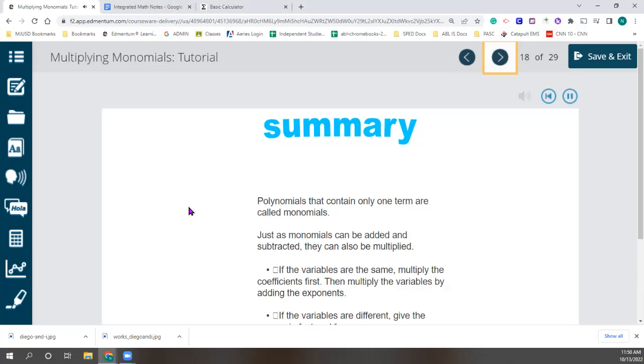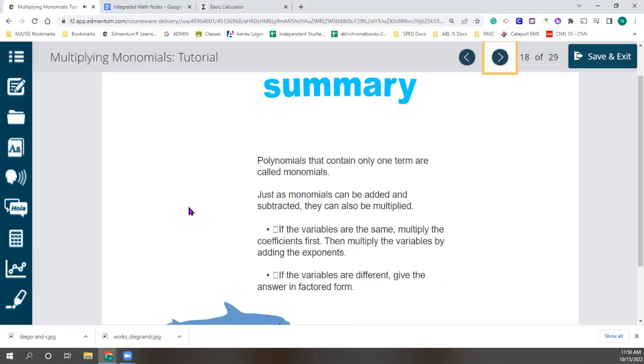Polynomials that contain only one term are called monomials. Just as monomials can be added and subtracted, they can also be multiplied. If the variables are the same, multiply the coefficients first. Then multiply the variables by adding the exponents. If the variables are different, give the answer in factored form.